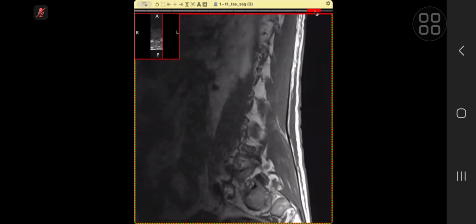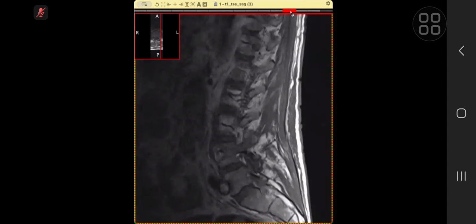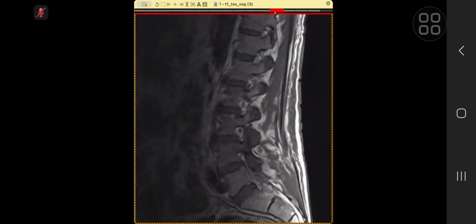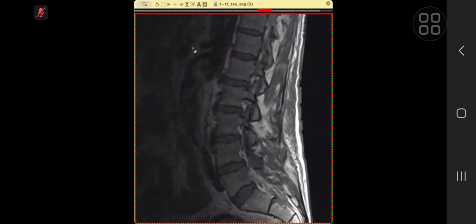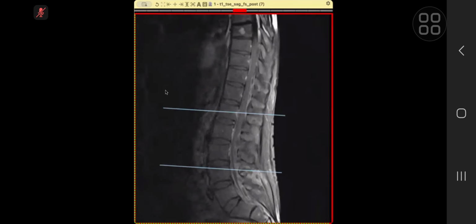Do you want to see more sequences? Yes, I would like to see the post-contrast images. Okay, just one second, please. So before the post contrast, this is the pre contrast.